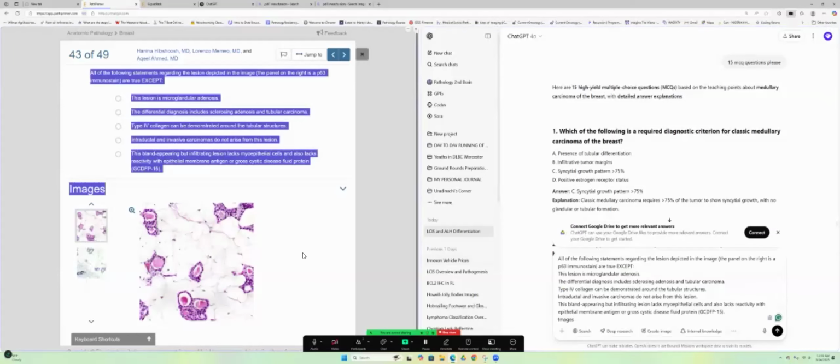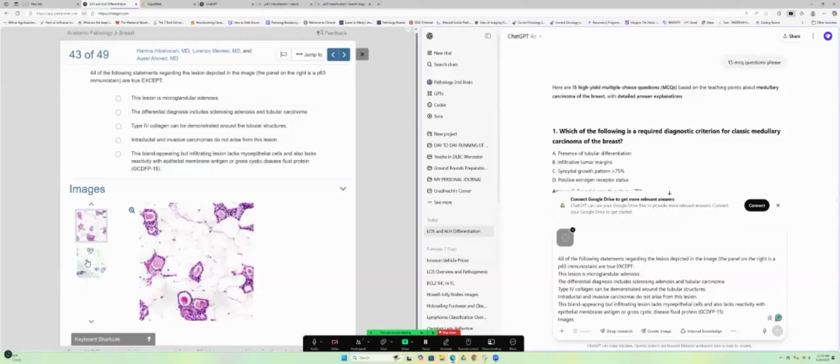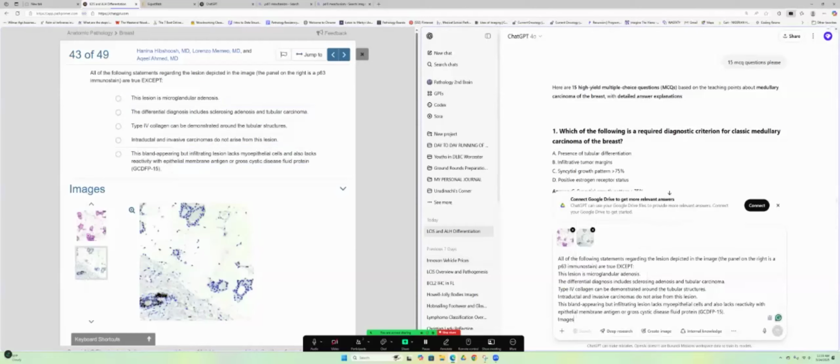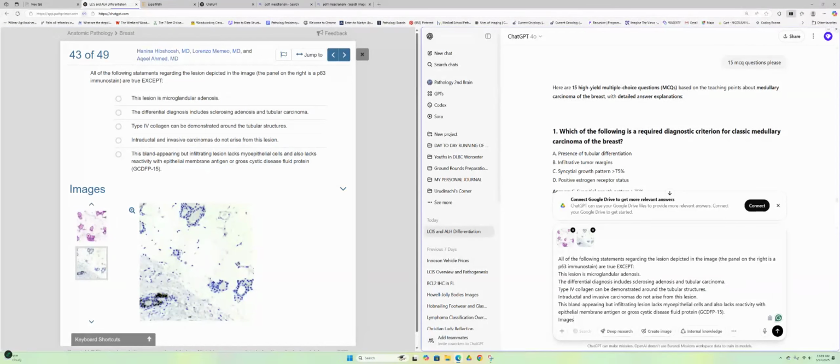Look at me. I thought they said which is the best answer. I didn't know they said which is the wrong answer. It's a set. Okay, here is E. Differential diagnosis includes sclerosing adenosis and tubular carcinoma. That's true, because both of them lack it. Therefore collagen can be demonstrated around the tubular structures. Not sure.